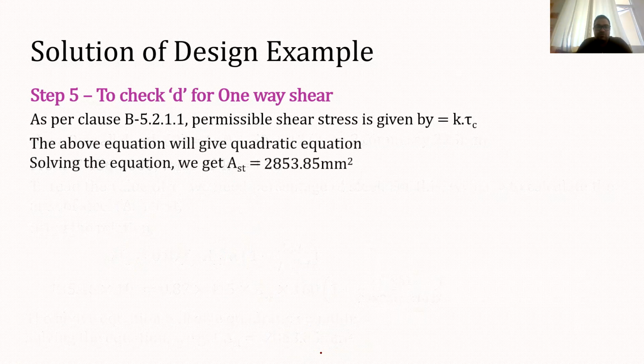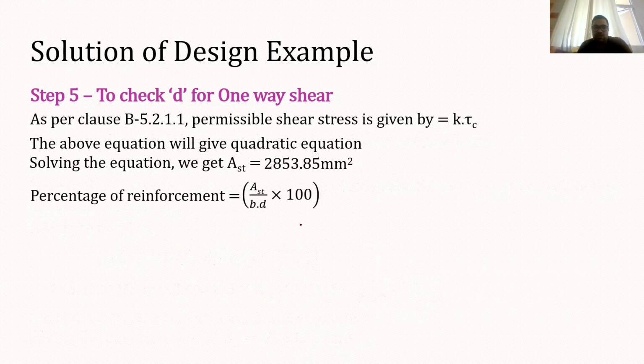So now we can find out the percentage of steel as AST upon BD whole multiplied by 100. So here AST is this one, and B is actually capital B, which is the width of footing, which is 2000 mm, and D is the effective depth, which is 160 mm.